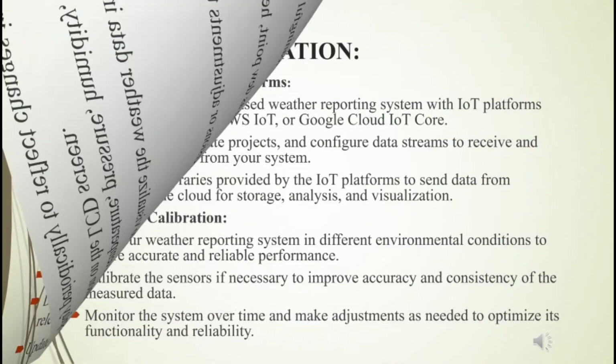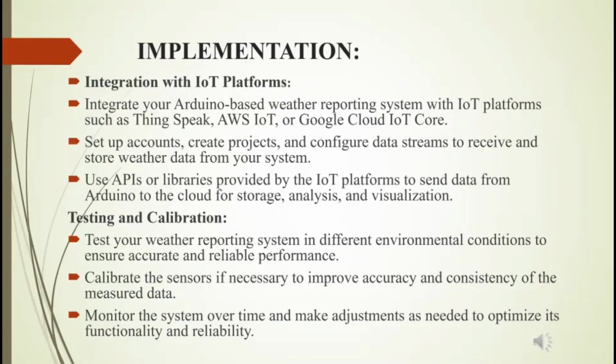The other benefit of the program is integrating with an IoT platform. Now we can connect our Arduino based weather reporting system with the ThingSpeak website with the help of the generic ESP8266 so that we can get the real-time weather data in a graphical format, and also we can connect with Twilio to get the weather report on our WhatsApp.